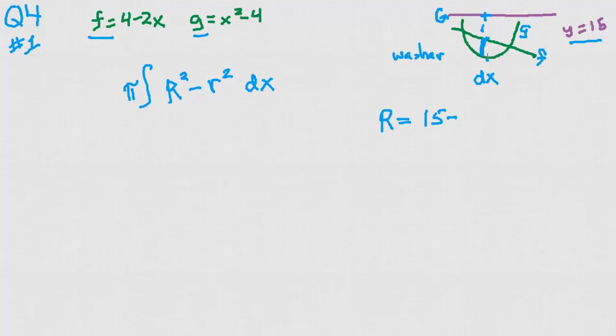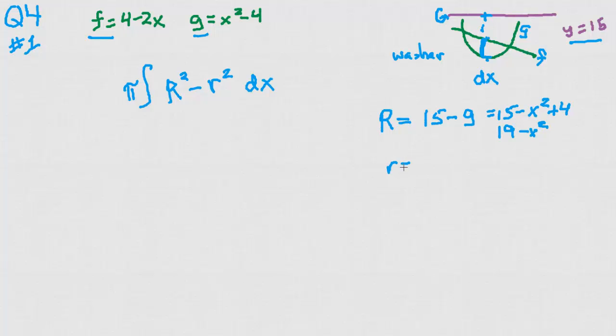The farther one is the g function, so 15 minus x squared. Because I'm minusing a negative 4, it'll turn out to be plus 4, so that turns out to be a nice 19 minus x squared. There's our formula for capital R, the outer radius.